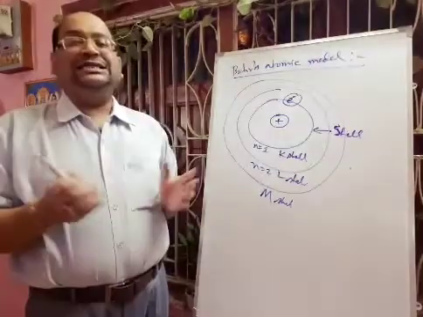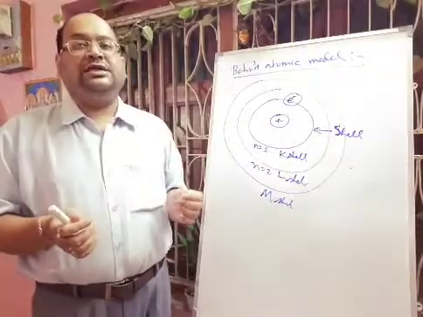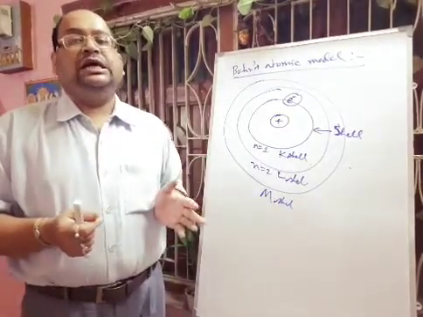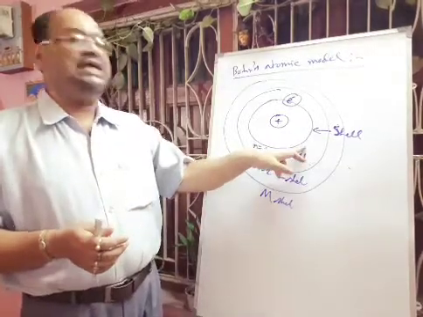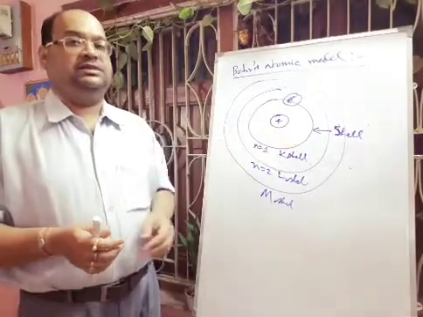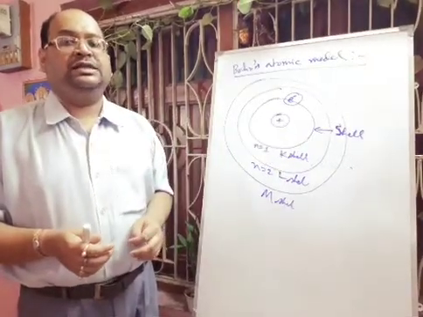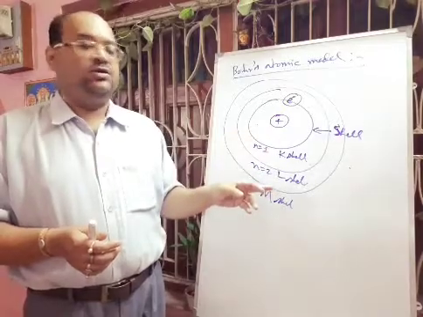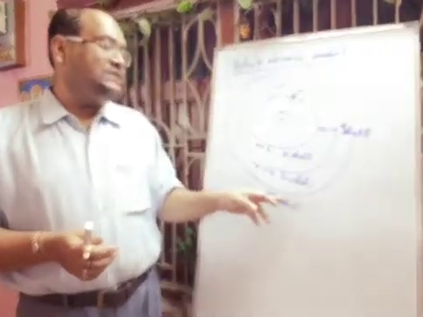Next, each energy level is associated with a definite amount of energy, and the cell nearest to the nucleus, that means this K cell, has minimum energy. When you are going to the farthest, it is the maximum energy.